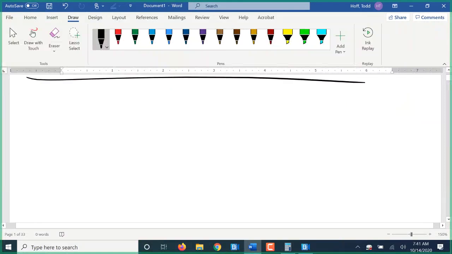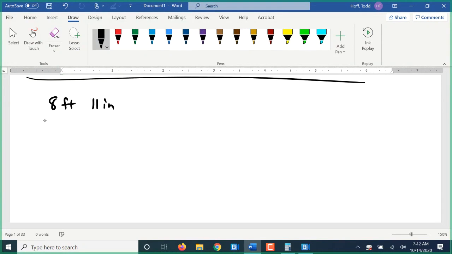So today I want to continue with our review here of areas and measurements, just because there's so much here. And I want to make sure that we've covered everything thoroughly. So today we're going to start off with operations with measurement. Things like 8 feet 11 inches plus 4 feet 9 inches. I'm going to have you do these in your notes, so go ahead and get started.